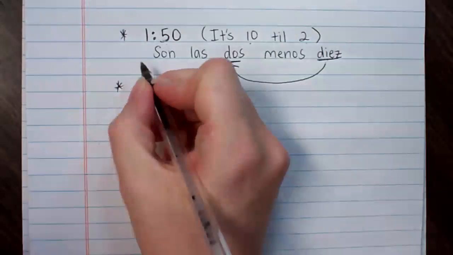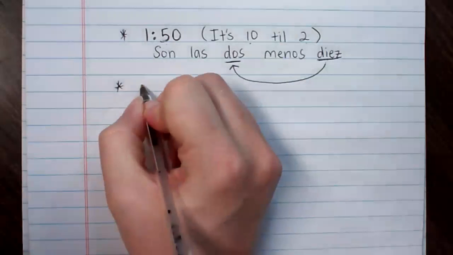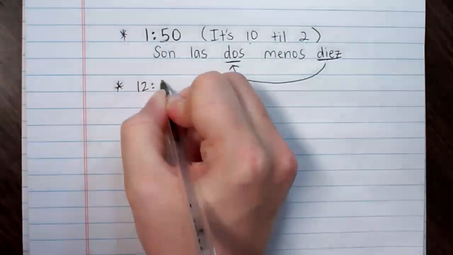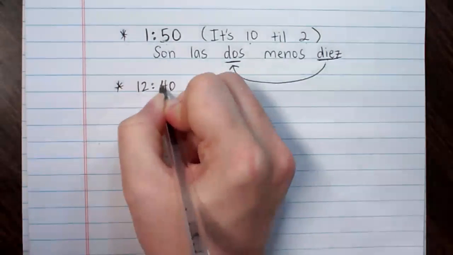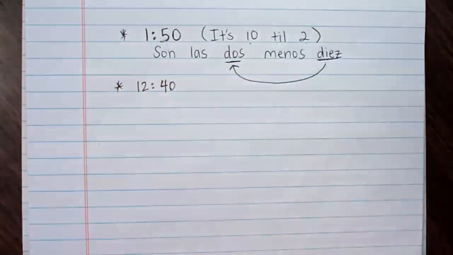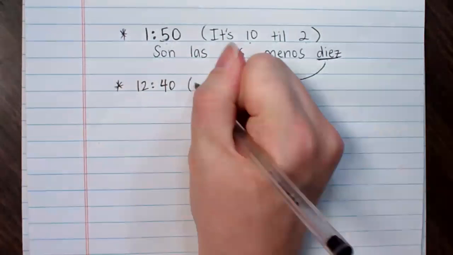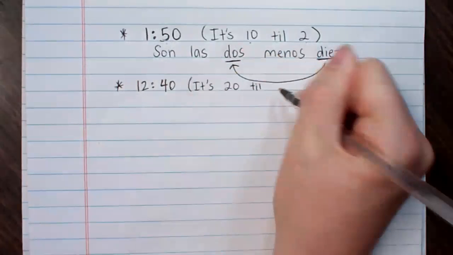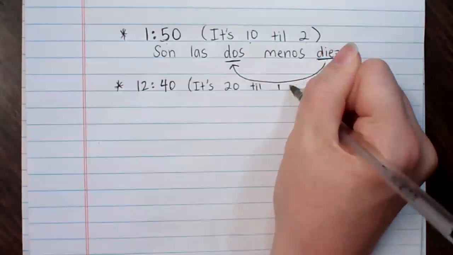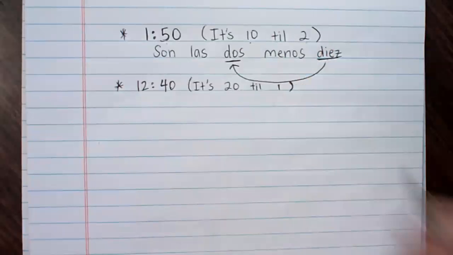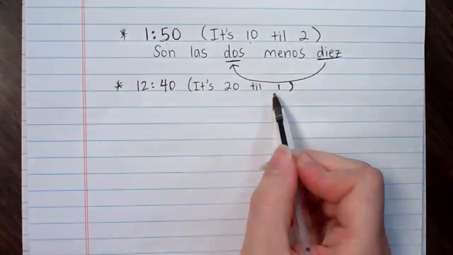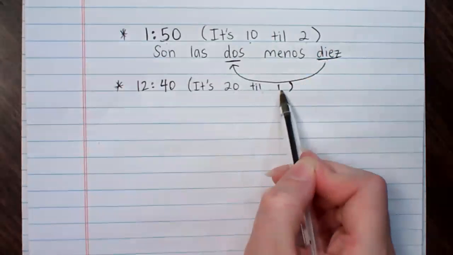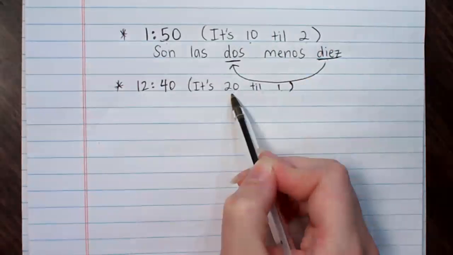Okay, let's do another example. Let's imagine I want to say it is 12:40. So this would be it's 20 till 1. It's 20 minutes till 1 o'clock. So when we write this in Spanish, it is going to be phrased, it's 1 o'clock minus 20 minutes.